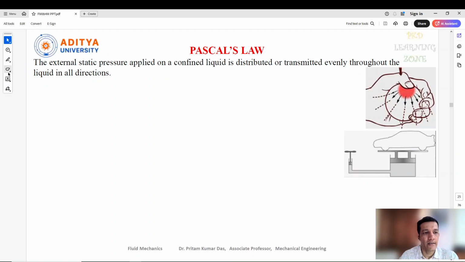Now let's consider an example for this. Suppose there is a container, and in this container liquid is present. In this liquid, we know that different shapes of liquid are there.